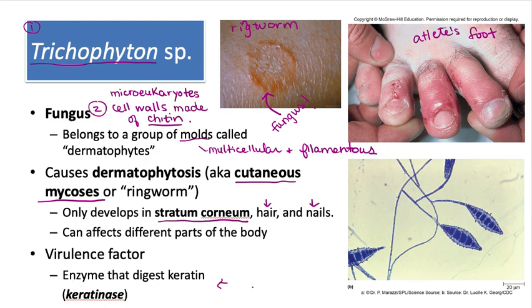As far as the other three virulence factors go, don't confuse there's mold spores and there's bacterial endospores. So even though molds have spores, they don't have endospores. So for those three virulence factors I wanted you to know, we don't have any of them.